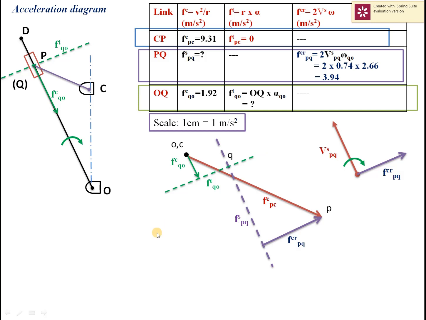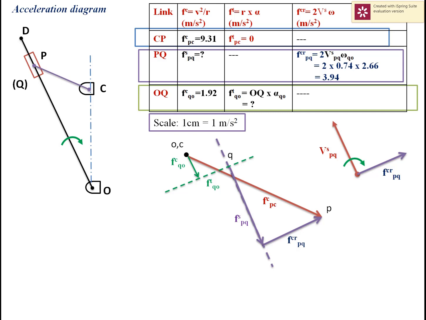Now let us draw the vectors. FSPQ is sliding acceleration of P relative to Q. And we have to add FSPQ to FCRPQ. So we have to place these two vectors tail to head. So I have placed head of FSPQ at the tail of FCRPQ. Here is the tail of FCRPQ. So I will have to place the head of FSPQ to the tail of FCRPQ so that both the vectors are added.